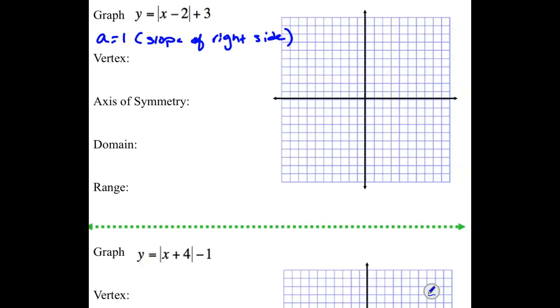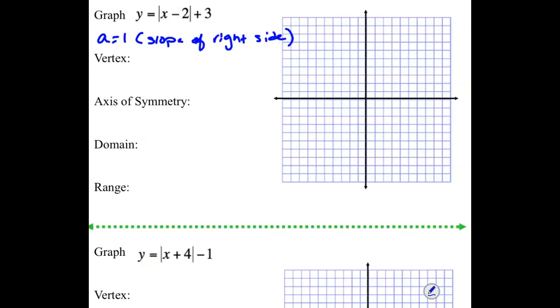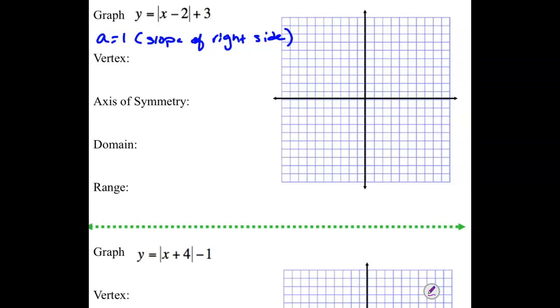The other kind of transformation that we've done to this is we've shifted it to the right 2 and up 3. So picture taking our normal absolute value graph that had a vertex at the origin. So our normal graph was 0, 0, 1, 1, 2, 2, 3, 3, etc. And same on the left side going.